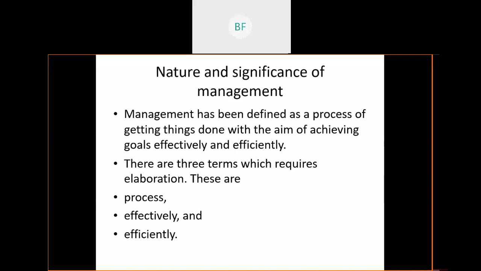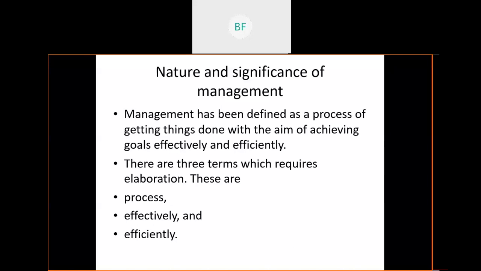So when you cut the cost as well as achieve the organizational goals at the same time, it is called efficiency. And when we talk about effectiveness, it is just getting the output whatever the cost might be. And efficiency is, you have to ensure that there is cost cut.